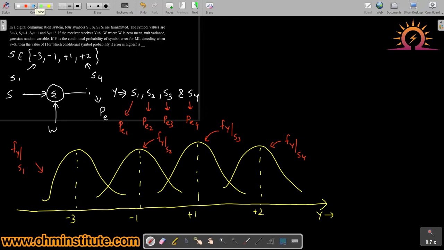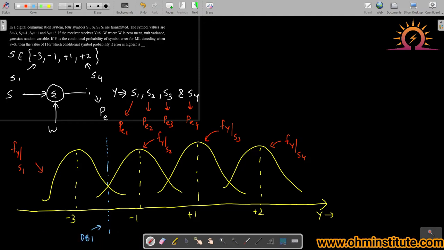According to the concept of probability of error, at the threshold detector there will always be a decision boundary. Let me call this decision boundary 1. Now, consider when S1 is being transmitted, and supposedly this is the decision boundary.